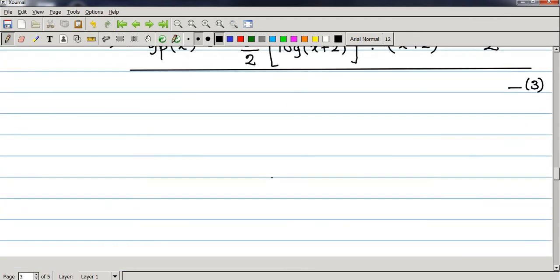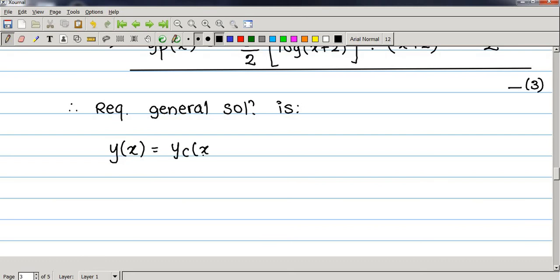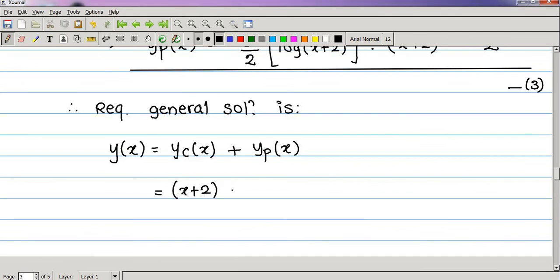Therefore from 2 and 3, the required general solution is y of x equals the complementary function in terms of x plus the particular integral in terms of x. So we substitute: (x plus 2) times (c1 plus c2 into log of (x plus 2)).